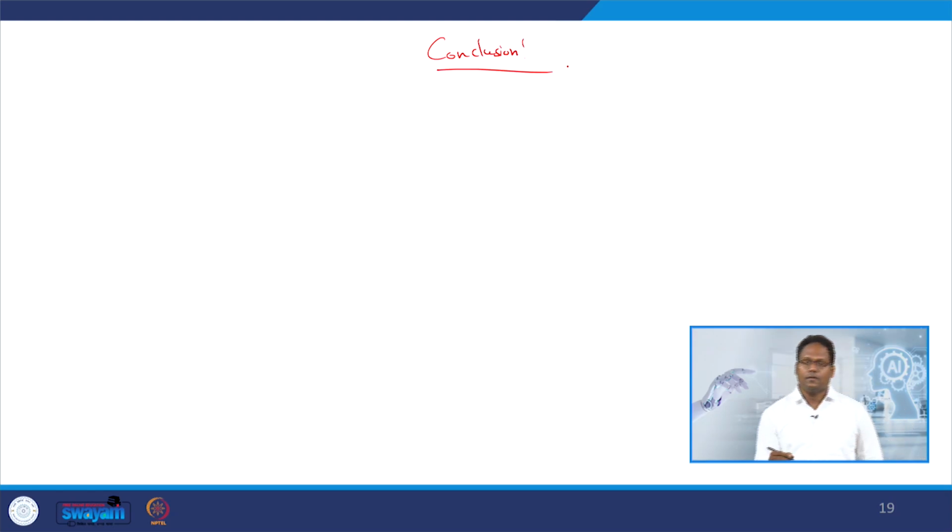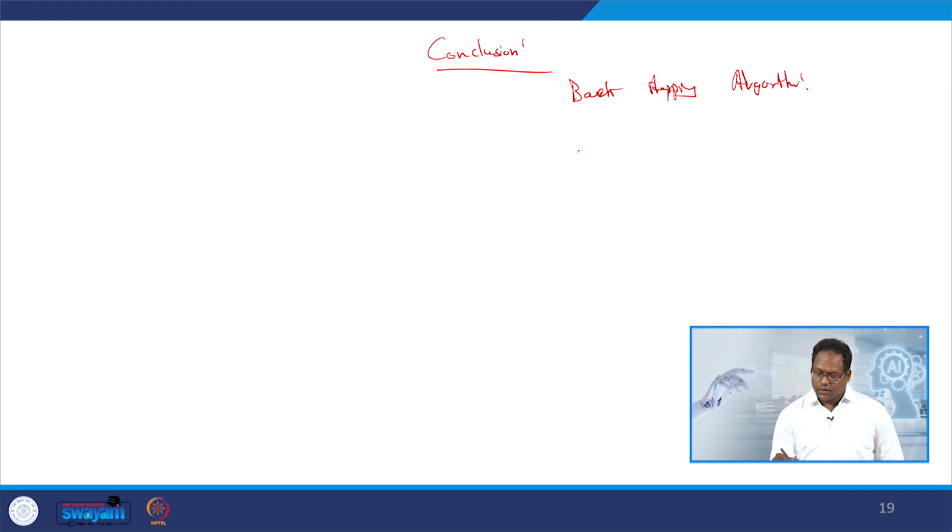We have seen a simple design of the backstepping algorithm, and we have also seen a special case of backstepping called the integrator backstepping controller, where for each subsystem we have used individual Lyapunov candidate functions in order to stabilize the entire nonlinear system. Thank you very much for your patience. With this, I stop here.